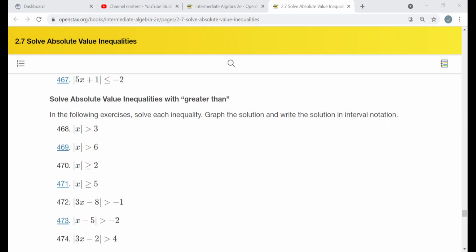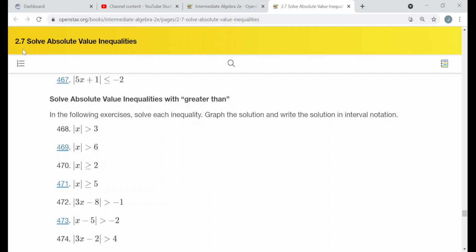Alright. So all the exercises I'm going to do in this video, all the examples I'm going to show you, are going to be taken straight from a free online textbook from openstax.org, and that textbook is their Intermediate Algebra 2nd edition.